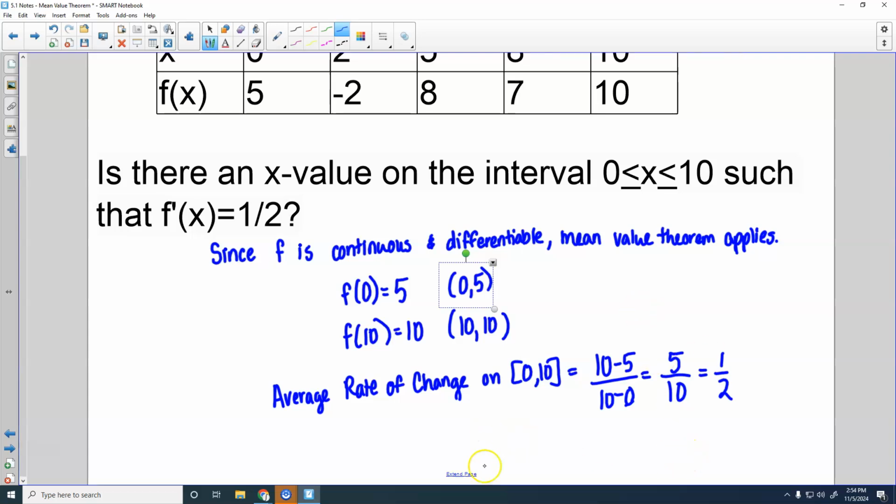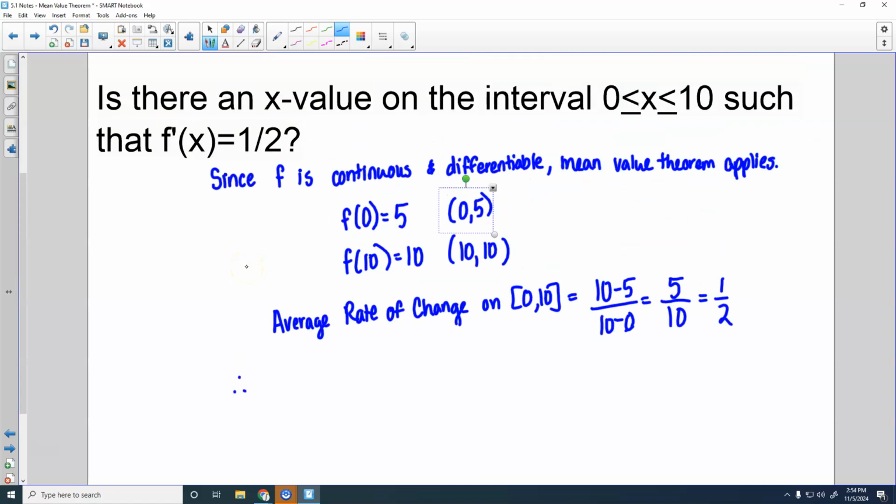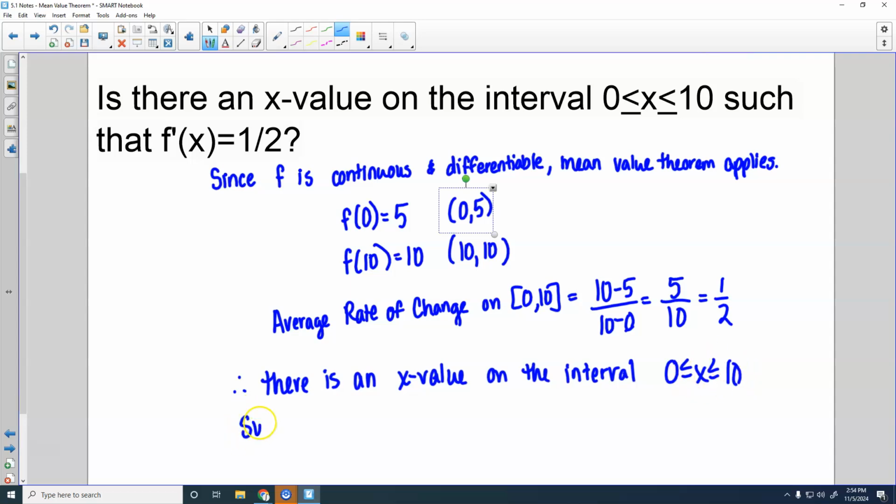So we would say, therefore, and I like to just restate what the problem asks you: there is an x value on the interval 0 ≤ x ≤ 10 such that f prime of x equals 1/2.